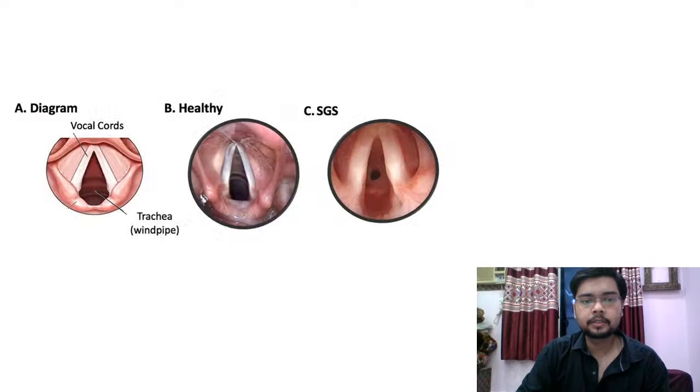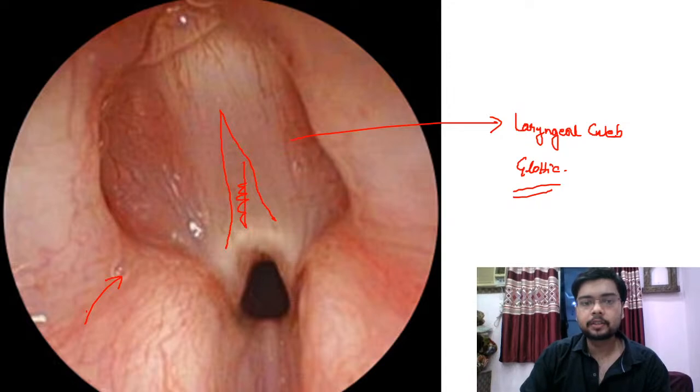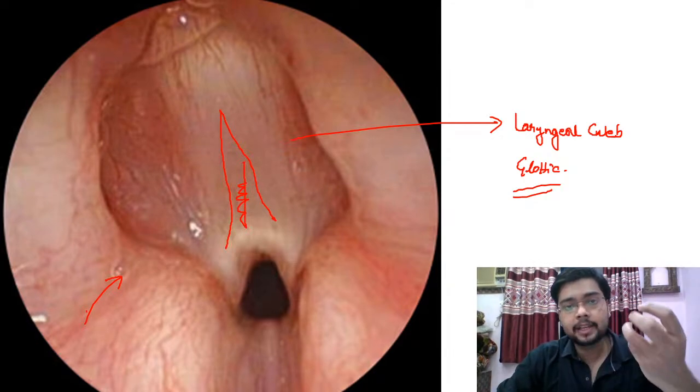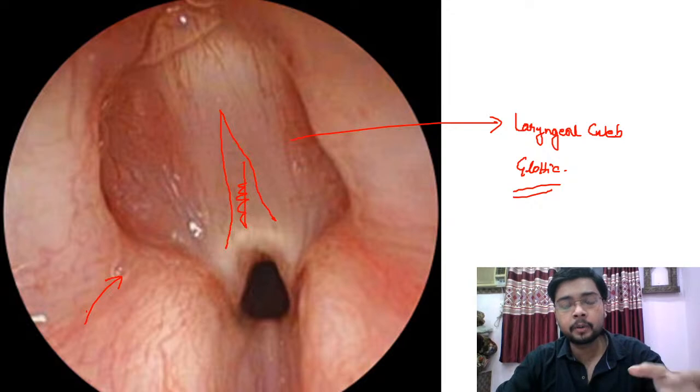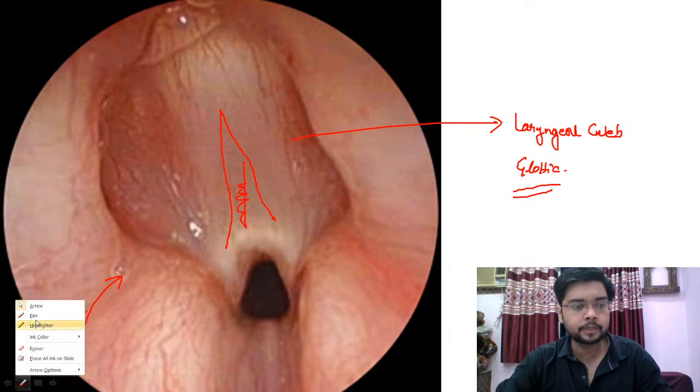Incomplete canalization means, if you see this diagram, canalization refers to the laryngeal lumen in embryology, when the laryngeal inlet and the vocal fold are getting formed initially, the whole of this is obscured.